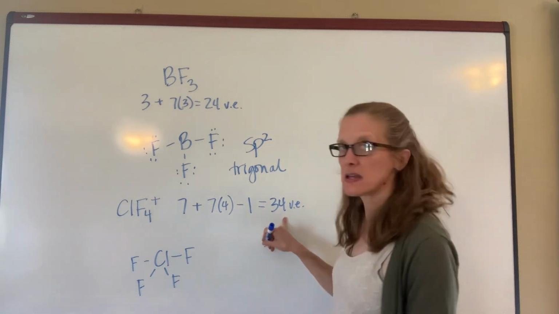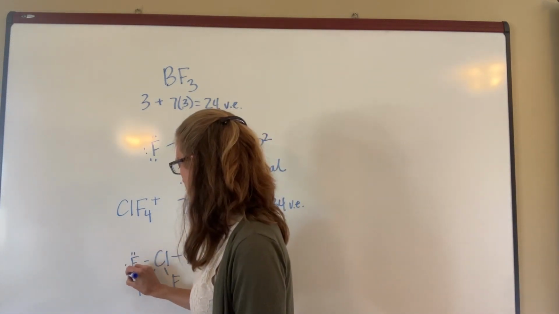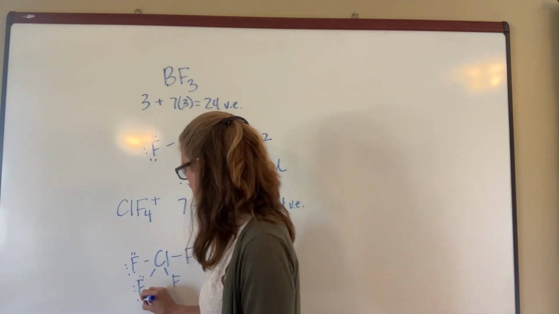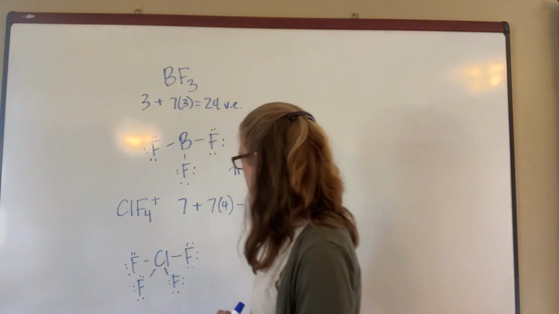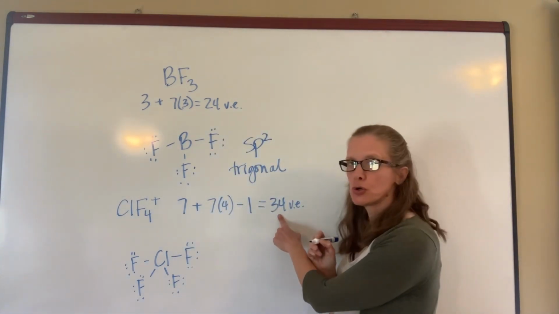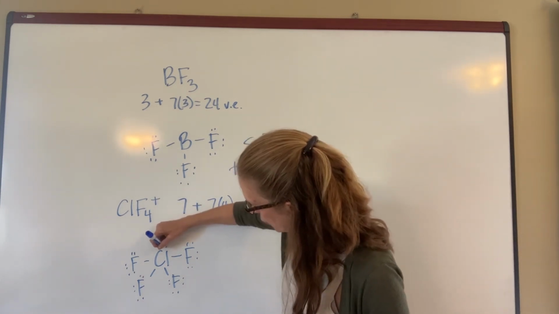Now I'm going to start adding in these other electrons. So I've got 8, 10, 12, 14, 16, 18, 20, 22, 24, 26, 28, 30, 32. So I got 32. I need 34 valence electrons. The extra lone pair will go on the chlorine.